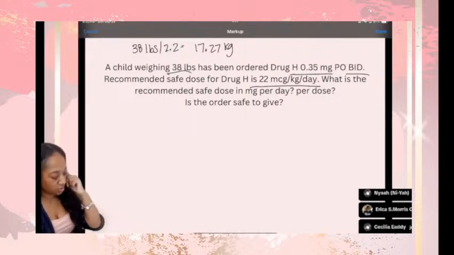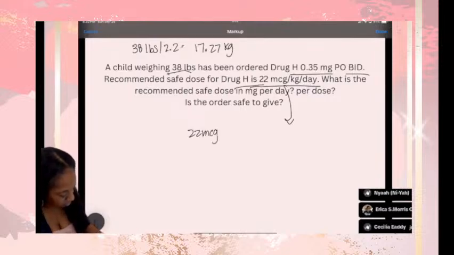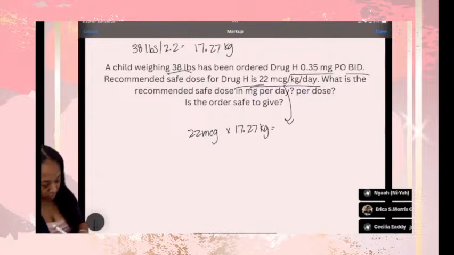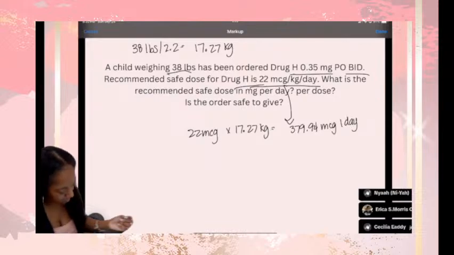All right. So now you can multiply your weight by your safe dose. So 22 micrograms times 17.27 kgs. So 17.27 times 22 is 379.94 micrograms a day.